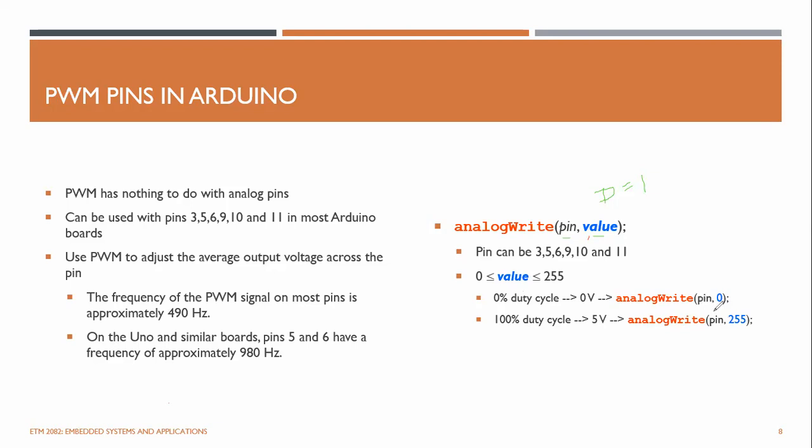So you can adjust the duty ratio from 0 to 1, with a resolution of 255, because this is split into 255 segments, and you can adjust the duty ratio in steps of 1 upon 255. That's the resolution of this speed, which means you can achieve 256 different speeds, including 0 and 255, by using this analogWrite function.